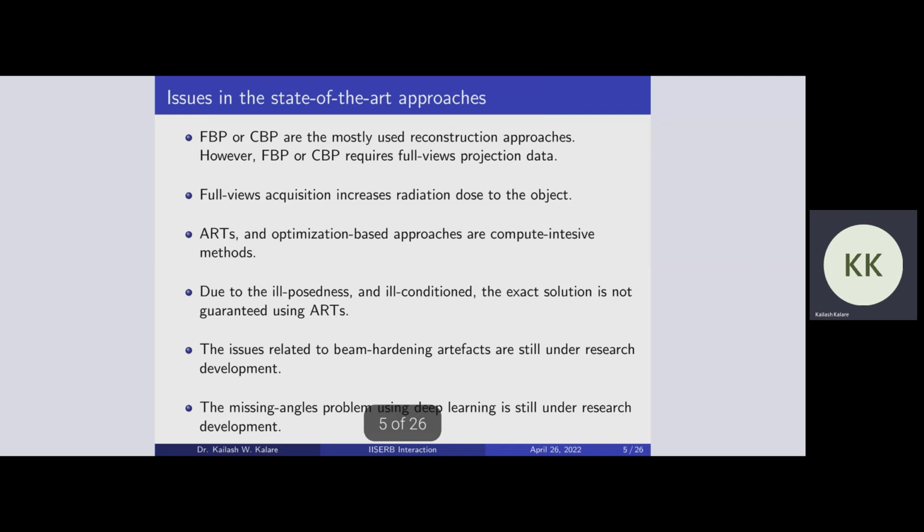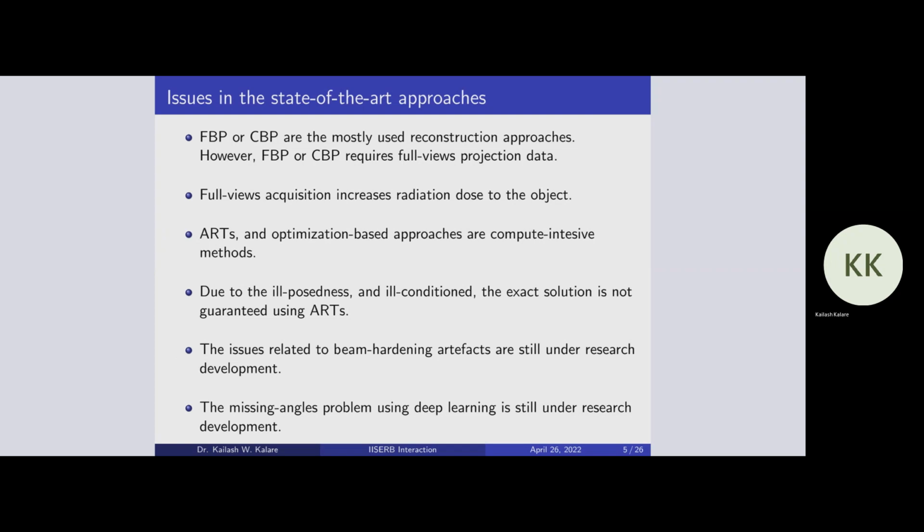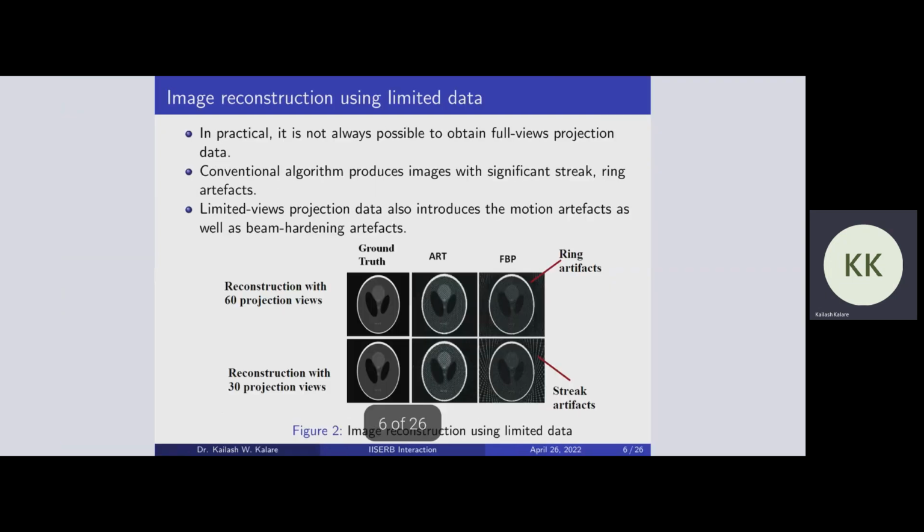This problem is ill-posed, ill-conditioned, so we don't get the exact solution using ART or the optimization based methods. So our first contribution was to address the issue of image reconstruction from limited view projection data.